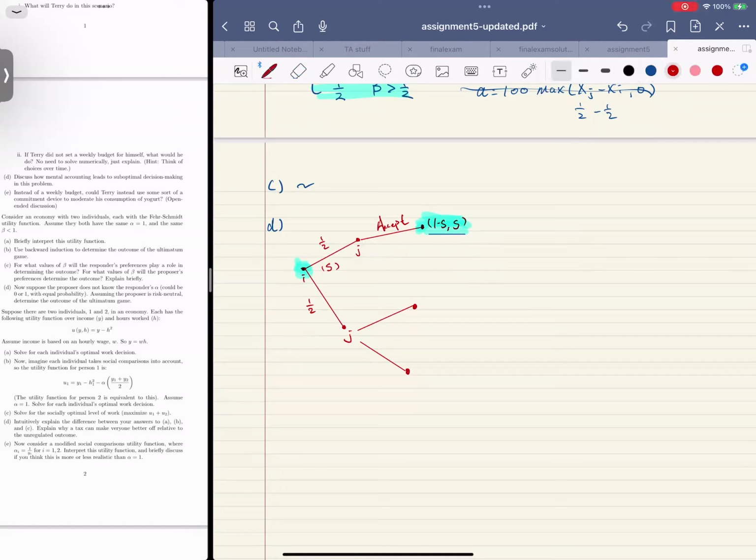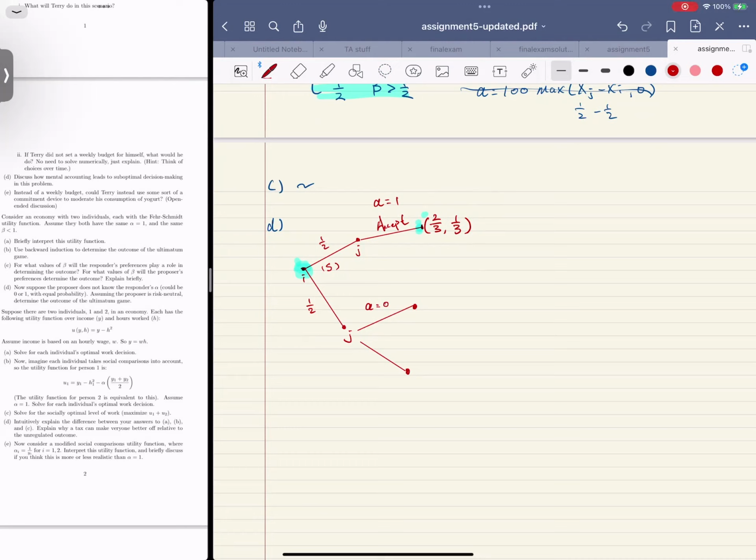If it's 1, our outcome would be 2/3, 1/3. Now this is alpha equals 1, and this is alpha equals 0.